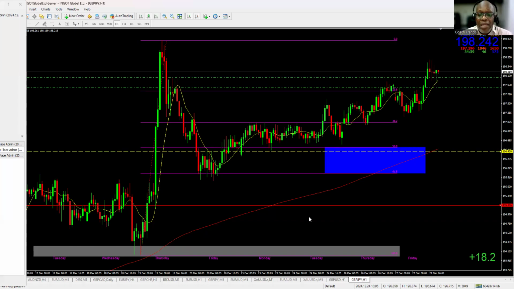Now, on some occasions, it does actually even drop further. The deeper it drops, the less likely it is that it will go back up. Even if it goes back up, it's just going to push up slightly and go down.